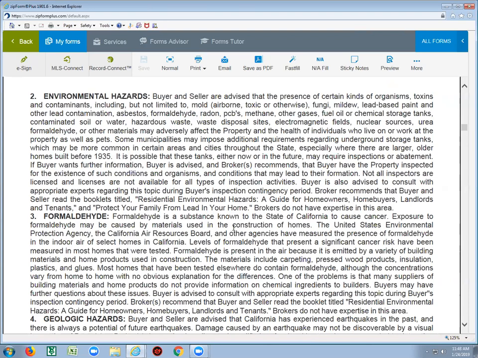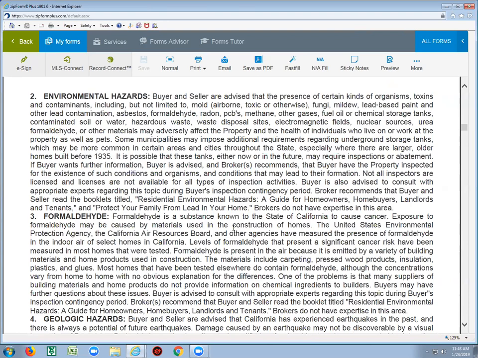Is it possible that the tank, either now or in the future, may require inspection or abandonment? Okay, they may just abandon. If the buyer wants further information, the broker recommends that the buyer have the property inspected for the existence and condition of the tank. Not all inspectors are licensed, and licenses are not available for all types of inspection activity.